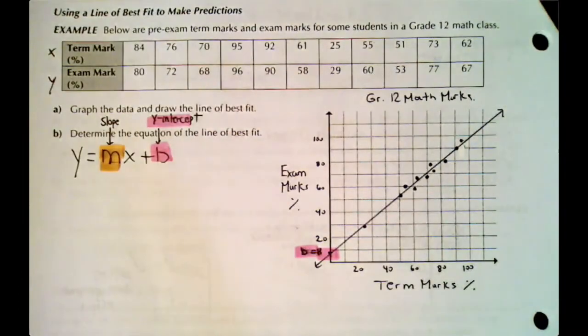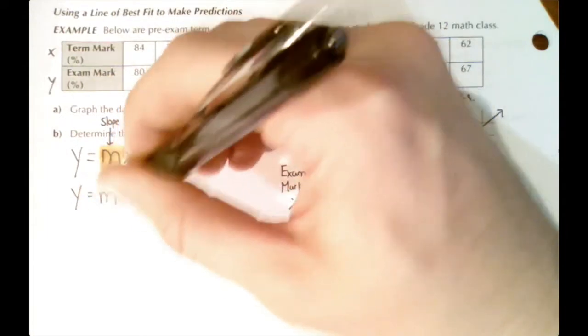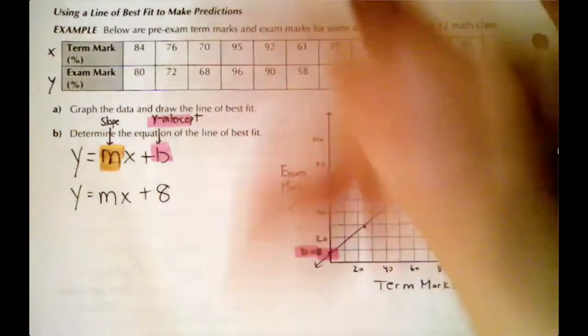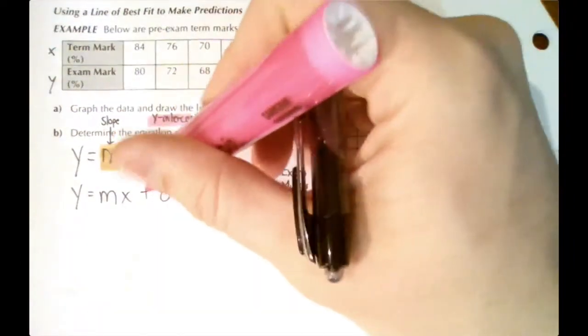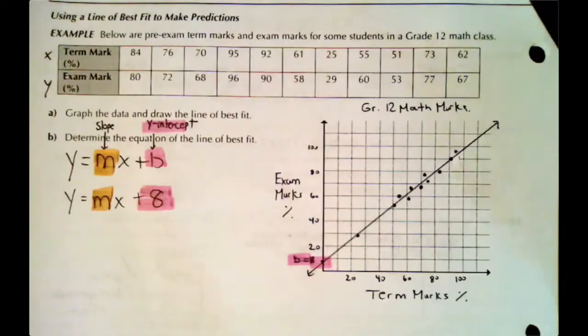So we can fill that in. y = mx + 8. Slope. Slope's m. Still got to figure out what m is.